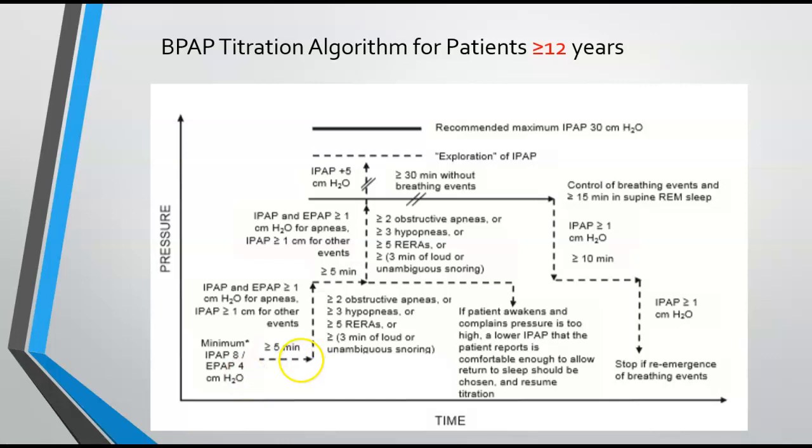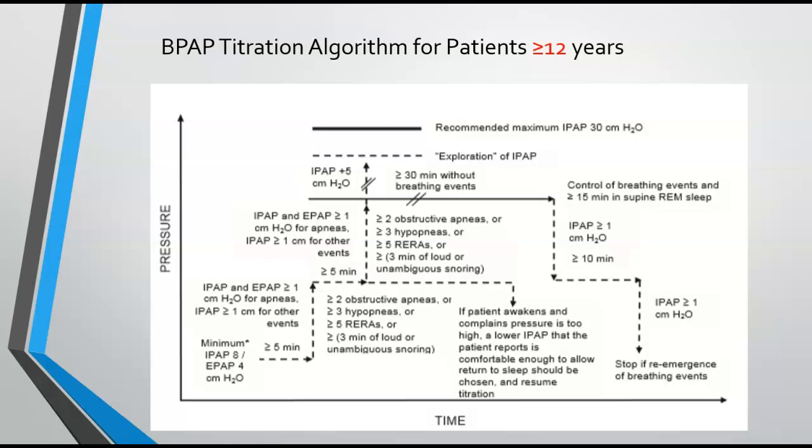Both IPAP and EPAP are increased for apneas by 1 centimeter for the events as mentioned here. Again, the mnemonic is 2, 3, 5, 3: 2 obstructive apneas, 3 hypopneas, 5 RERAs, and 3 loud snoring. Here there is a slight difference because we have to increase two levels of pressure. You have to increase IPAP and EPAP, or both.